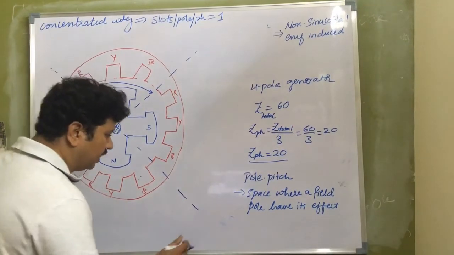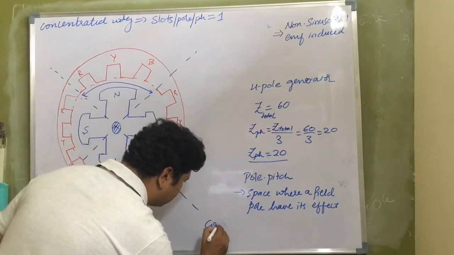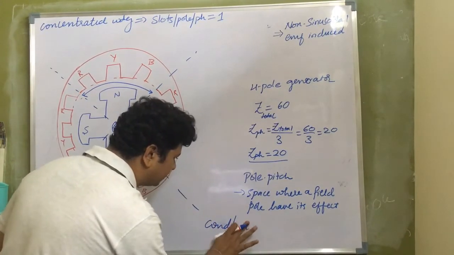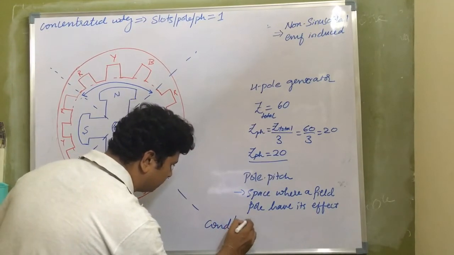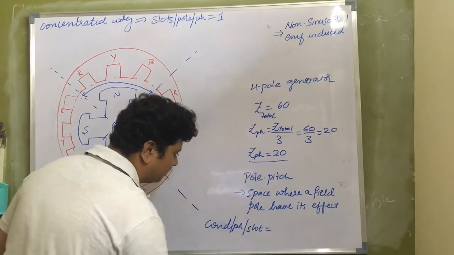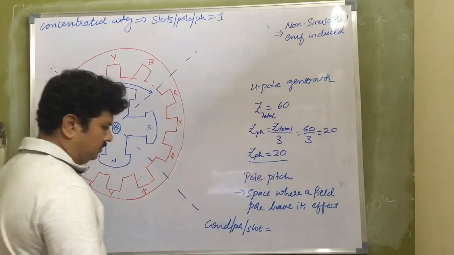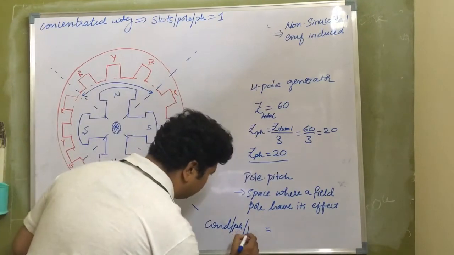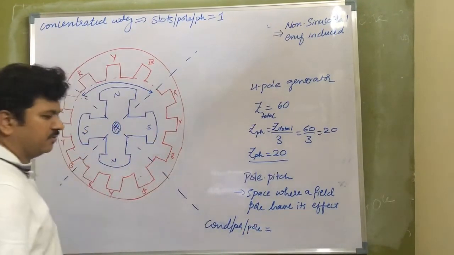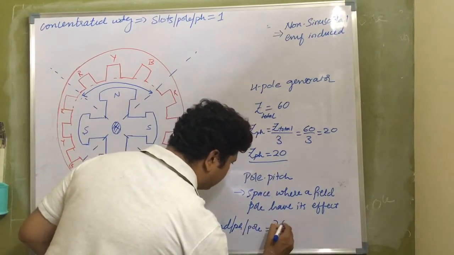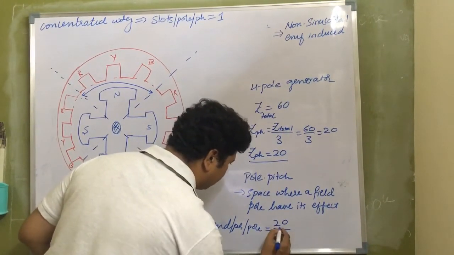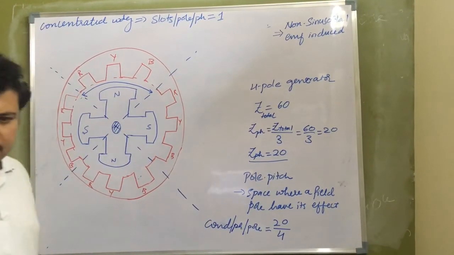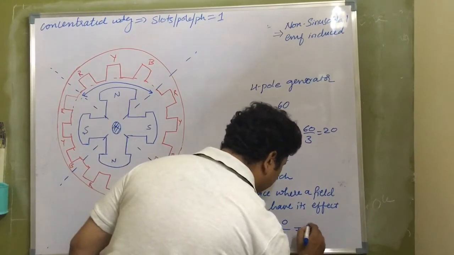So conductors per phase per pole is equal to 20 divided by 4, as there are 4 poles. Conductors per phase per pole, 20 by 4, is equal to 5.